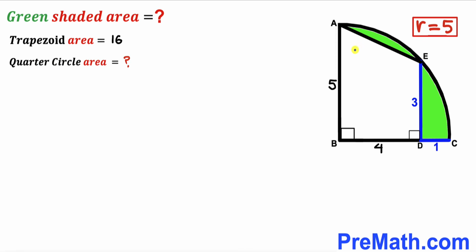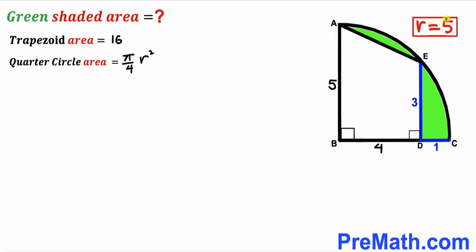Now we are going to calculate the area of the whole quarter circle. Let's recall the area of a circle formula: area equals pi r square, where r is the radius of the circle. So our quarter circle area is pi divided by 4 times r square.